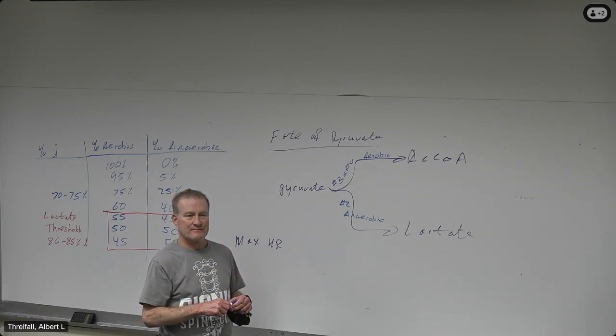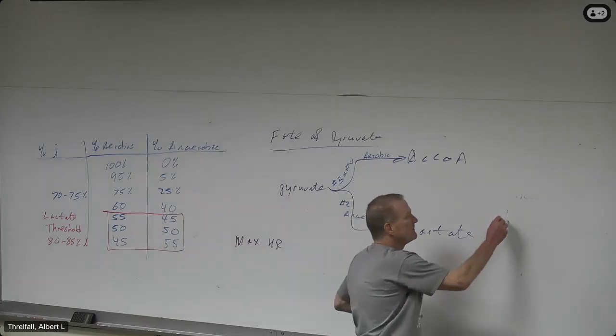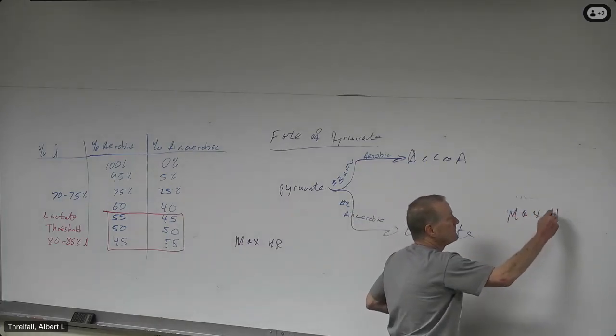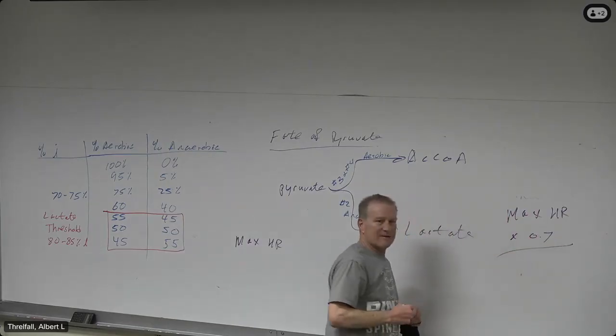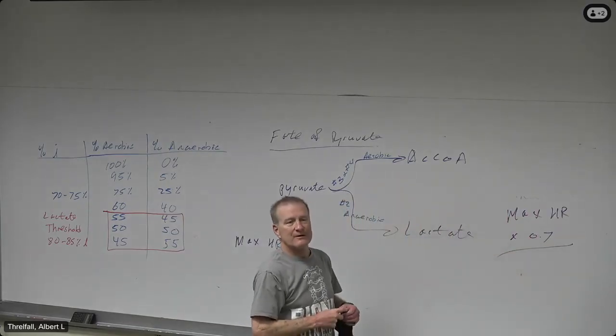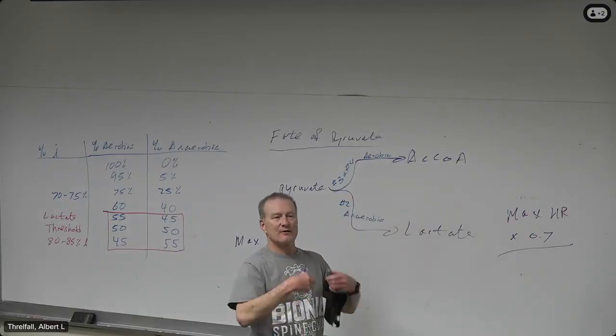I know you swap out the intensity. I was just wondering, it's kind of arbitrary. No? It's just a different name because instead of taking the percent of the maximum heart rate, you're taking the percent of how intense you're training.